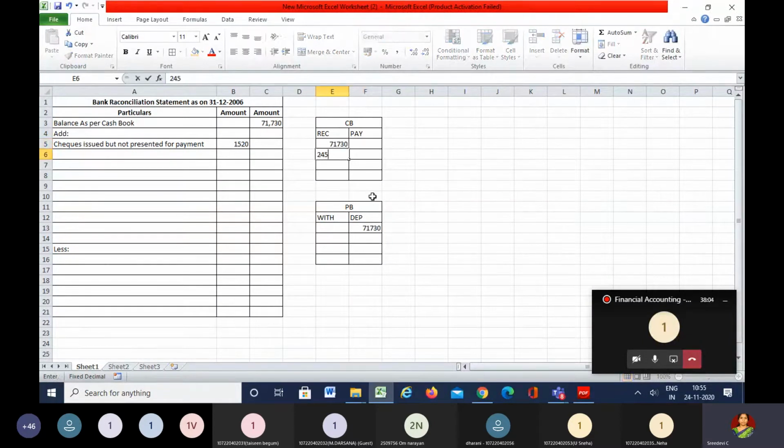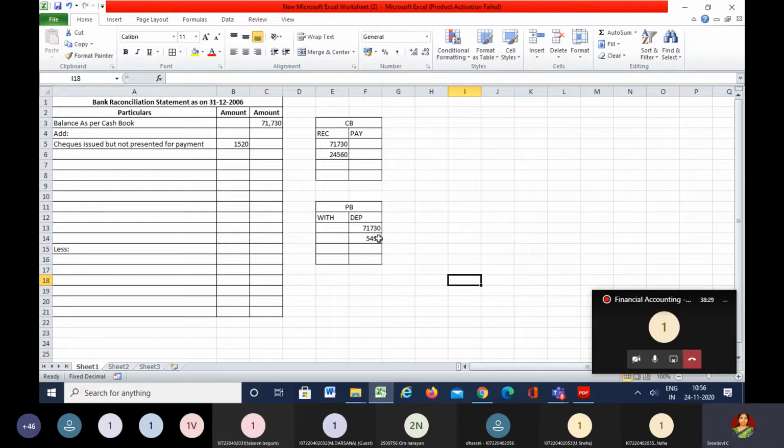So here 24,560 checks have been deposited with the bank, but out of which the bank has credited only 5,490. If you see the amount on either side, that is on the receipt side as well as the deposit side, the receipt side amount is more than the deposit side amount in the passbook.